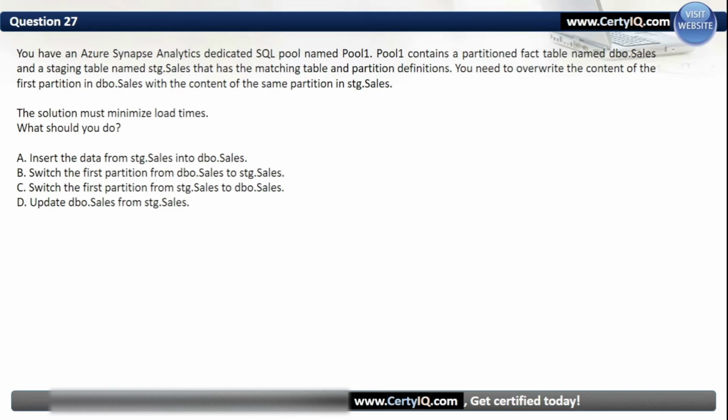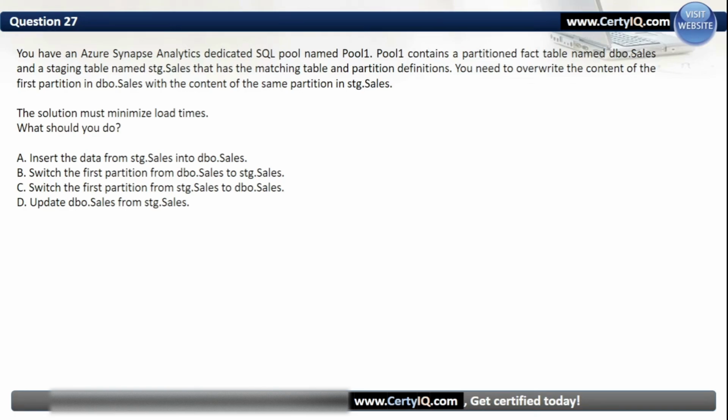Question 27. You have an Azure Synapse Analytics dedicated SQL pool named Pool 1. Pool 1 contains a partition fact table named dbo.sales and a staging table named stg.sales that has the matching table and partitioned definitions. You need to overwrite the content of the first partition in dbo.sales with the content of the same partition in stg.sales. The solution must minimize load times. What should you do?